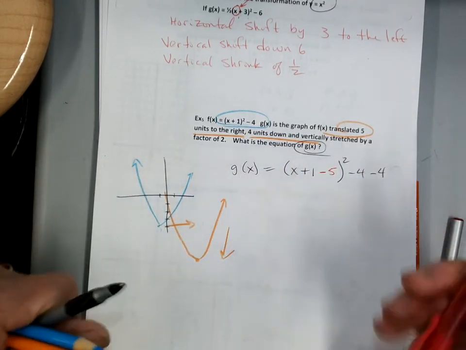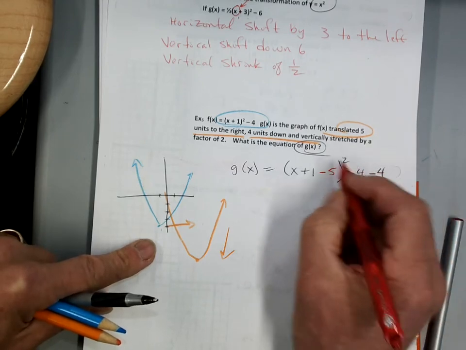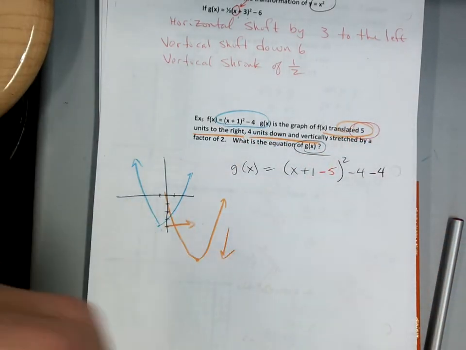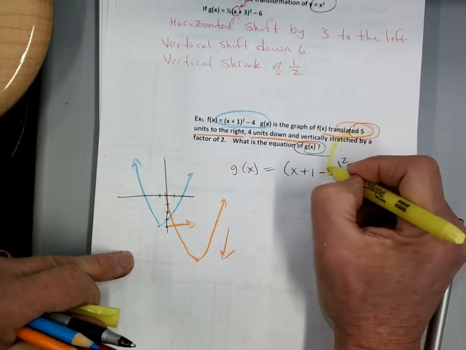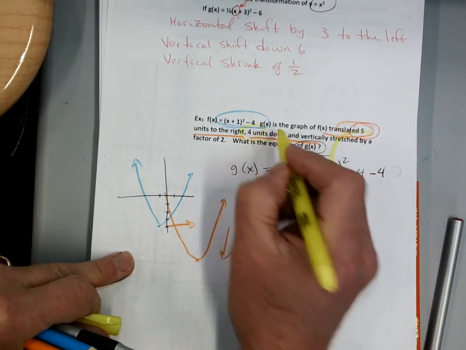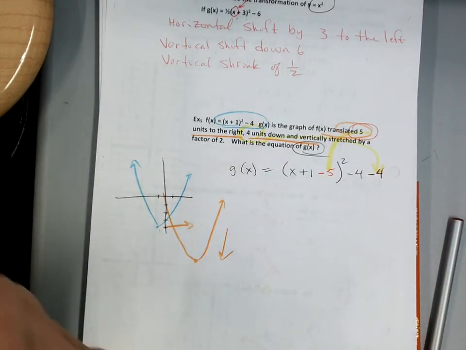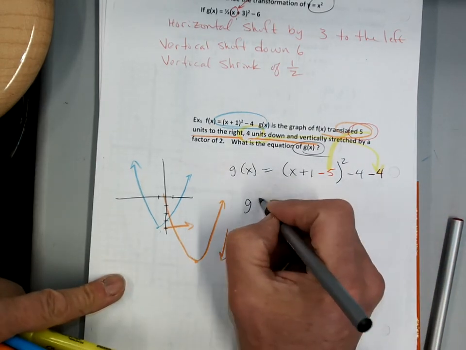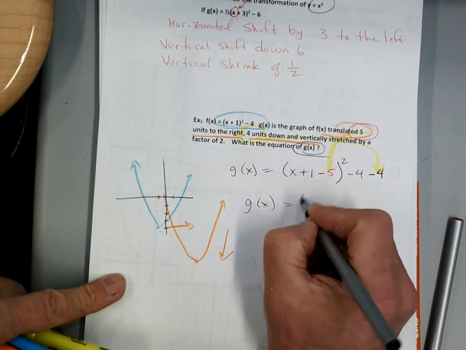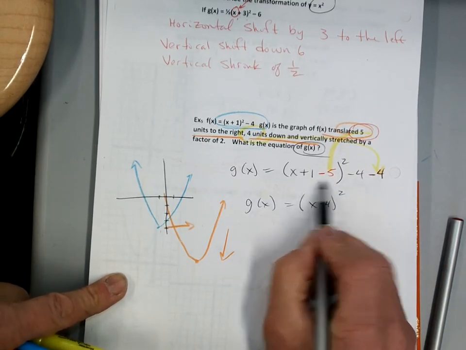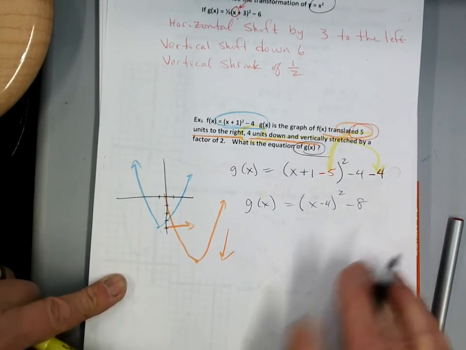So then I'm going to simplify this, and my new equation is going to be g of x is equal to x minus 4 squared, because I just went 1 minus 5 is minus 4, and minus 8.